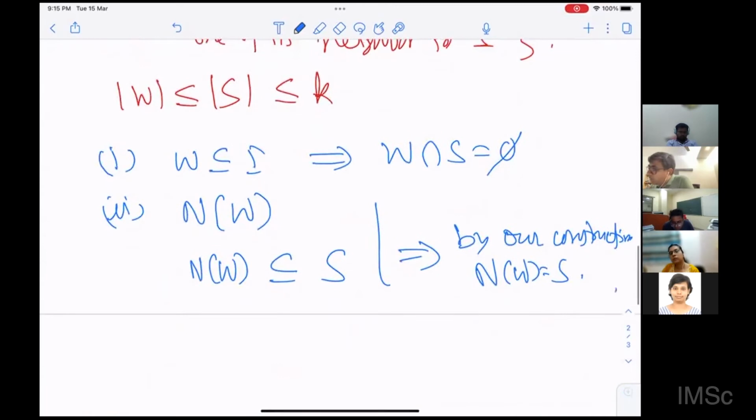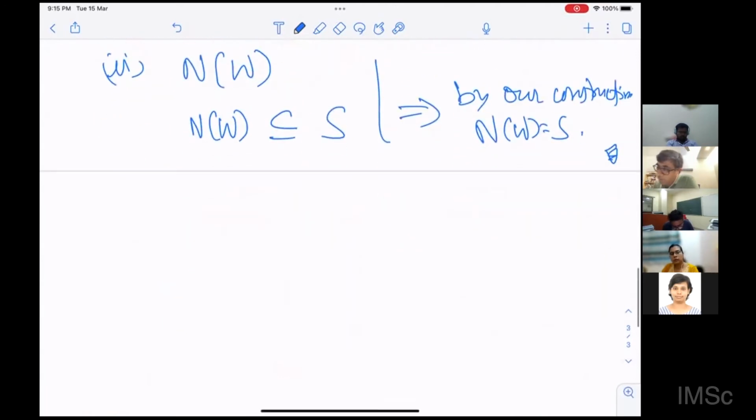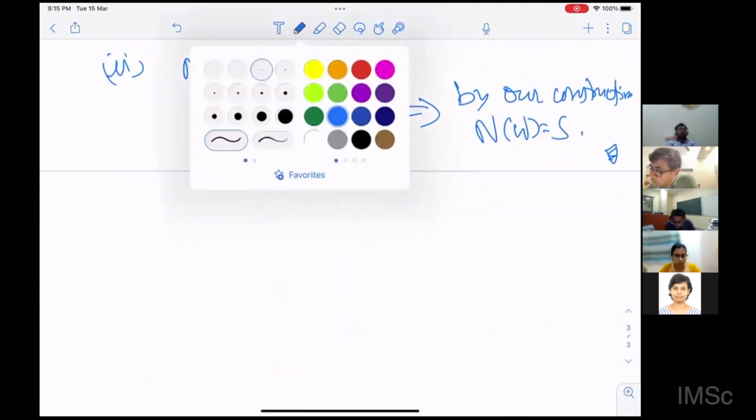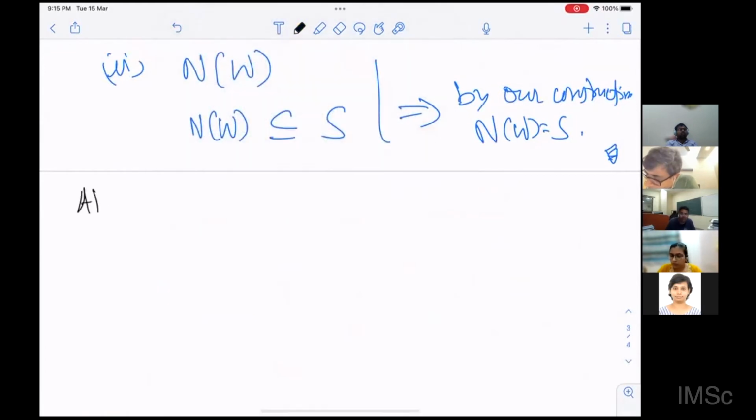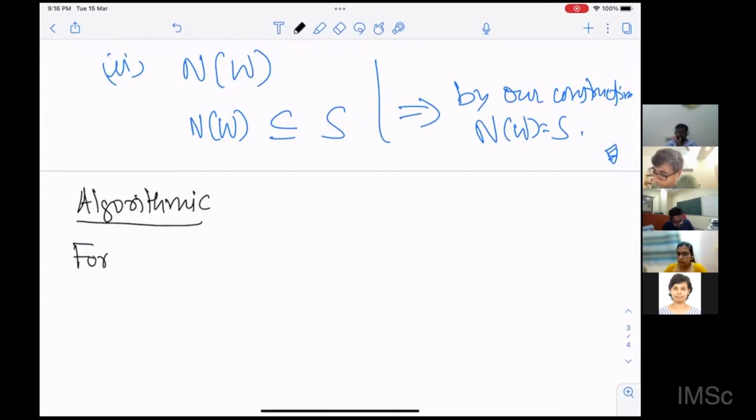And what was the algorithmic lemma? The algorithmic lemma is the following.